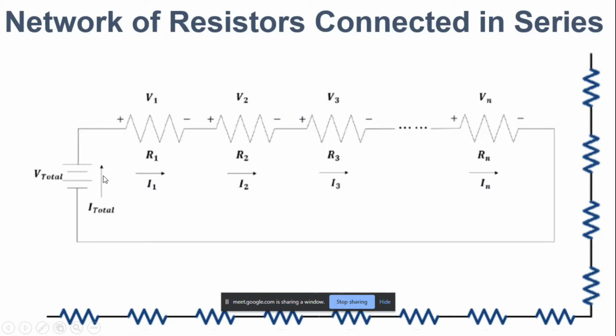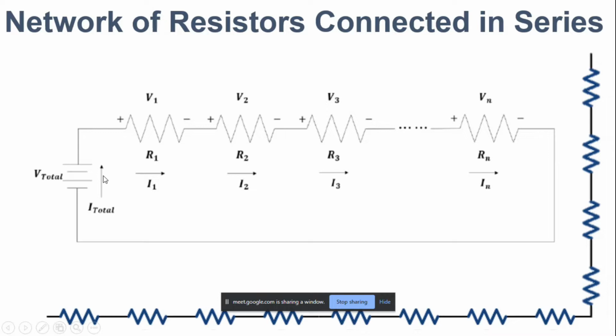Tandaan po natin na if we are given a network of resistors connected in series, the currents of those resistors in that network are all the same with each other.